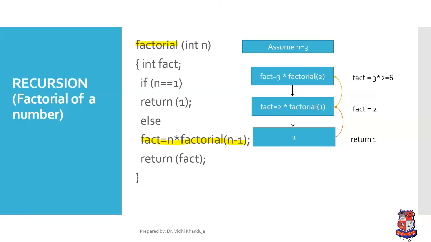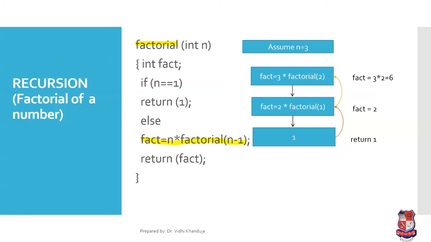Again this function will be called, and in this case n is 1, so it is going to return 1. So your previous call will get the value 1 here. So you can calculate fact is equal to 2 multiplied by 1, that is 2, and then that will be returned. Understood?